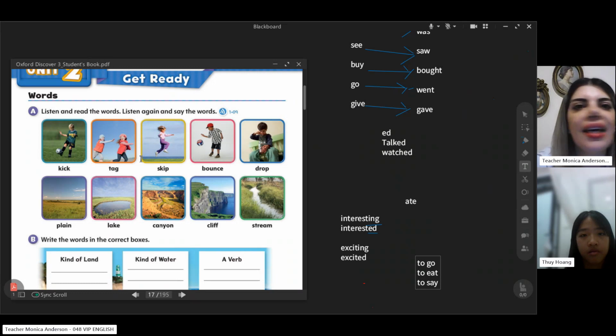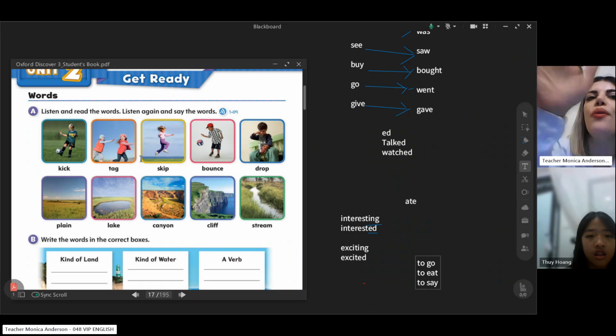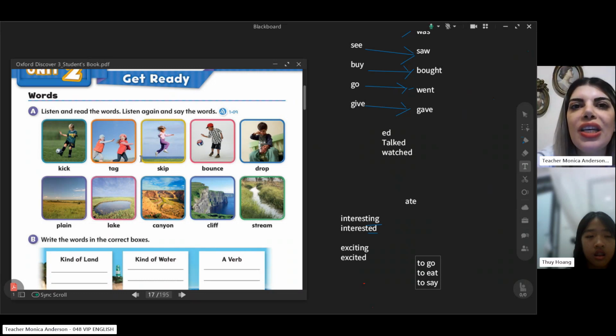Kick is hitting the ball using feet. So when you hit the ball, when you throw the ball using your feet, you kick the ball. Yeah? Tag is a game. Would you talk about tag and how can you play it?